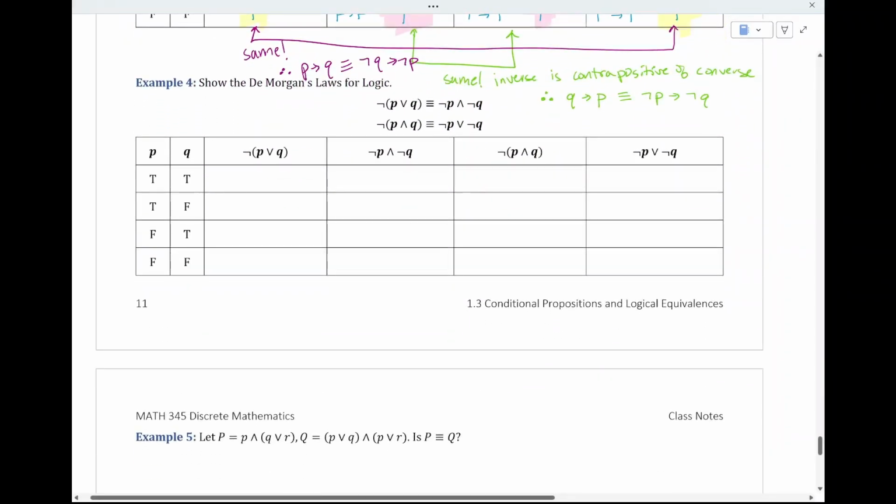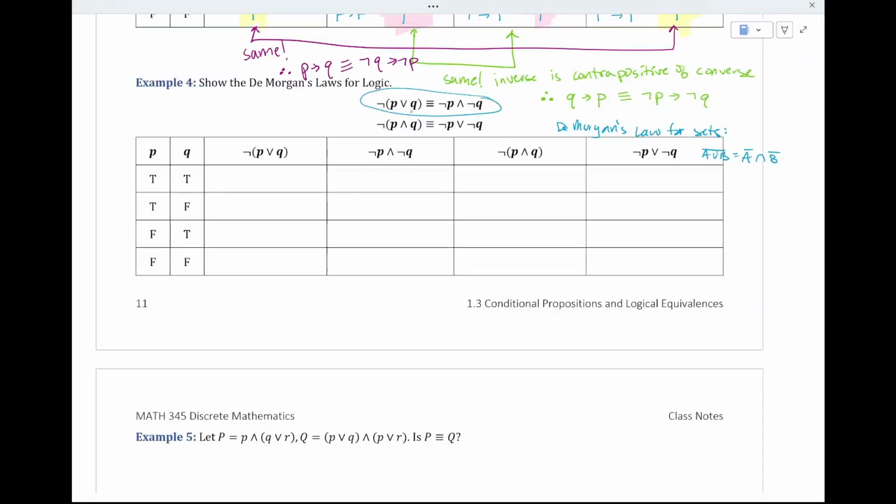All right, we're ready to use our truth tables to show De Morgan's laws for logic. So let's just do a little review here of De Morgan's law for sets. De Morgan's laws for sets say that the complement of A union B is the complement of A intersect the complement of B. So here we have the version of that for logical statements.